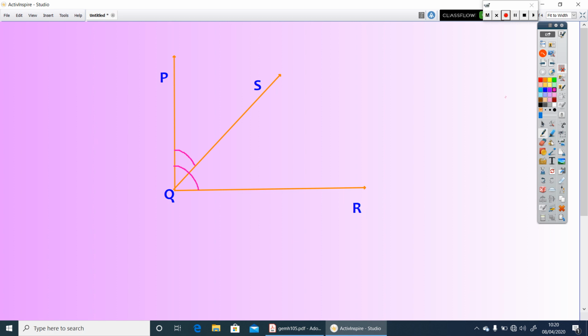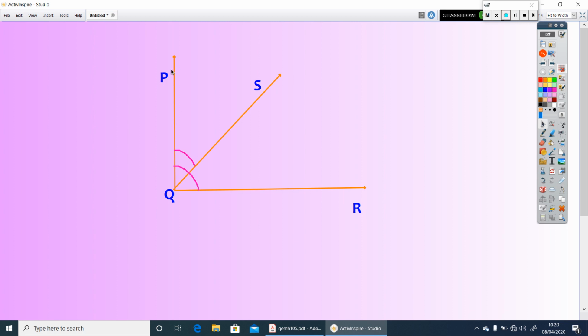Check it. Here you can see Q is a common vertex to both PQS and PQR, and QS is a common arm. That means PQS containing QS, PQR containing PQ is the common arm.